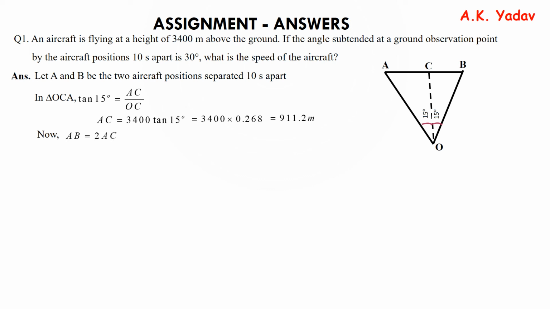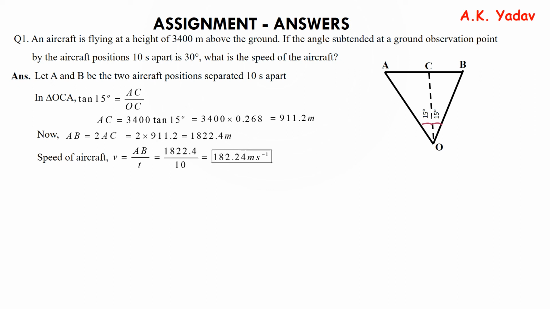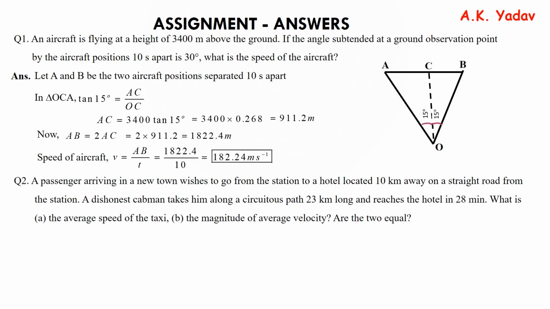Now we know AB is equal to twice of AC, so AB is equal to 1822.4 meters. Speed of aircraft V is equal to AB upon T, which is 1822.4 divided by 10, that gives 182.24 meter per second.